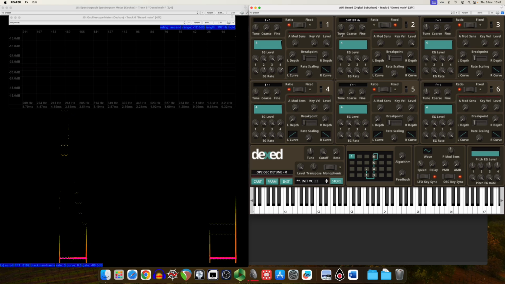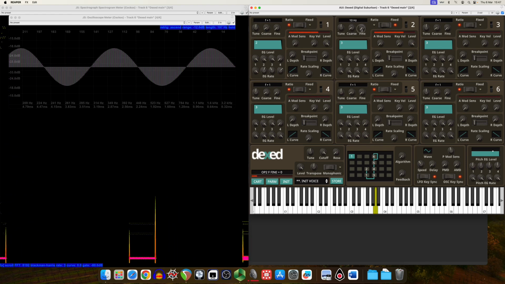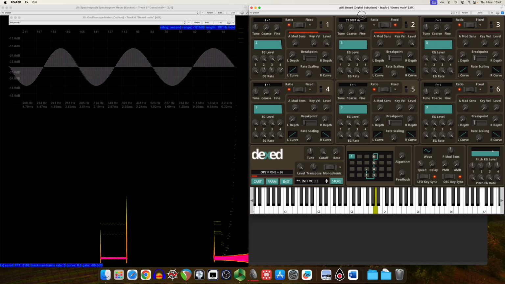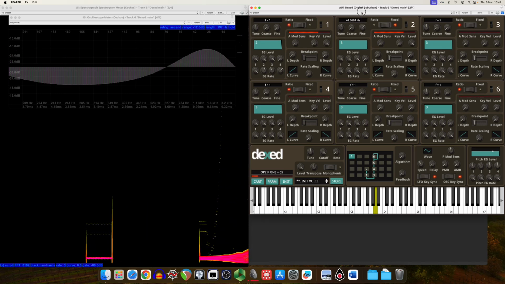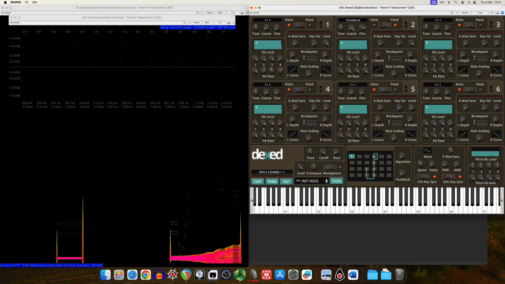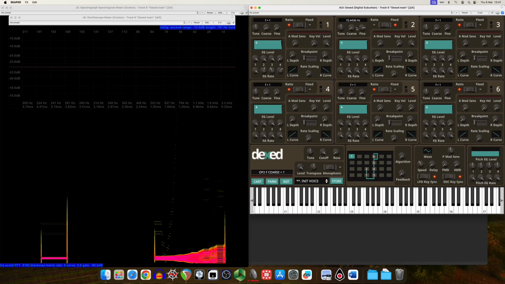Okay, so what if we wanted to change that into something a bit faster or more extreme? What if we now turn up the coarse control for the frequency of operator 2 and keep going? Okay, so yeah, we've got some really wild noises coming out.